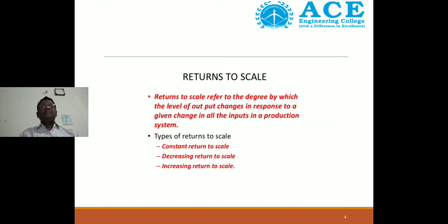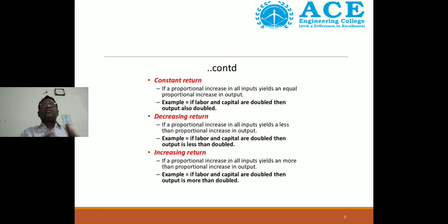Then what are the characteristics of constant, decreasing and increasing returns to scale? First, constant returns to scale: a proportional increase in all inputs yields an equal proportional increase in output. That means if both labor and capital are increased in the same proportion, then the output increases in equal proportion.